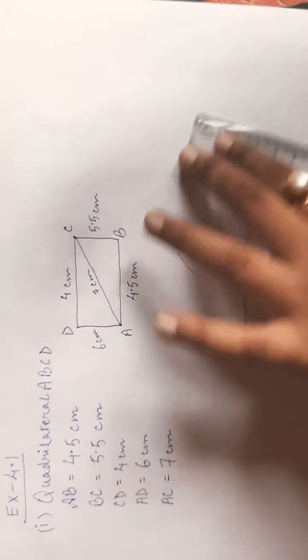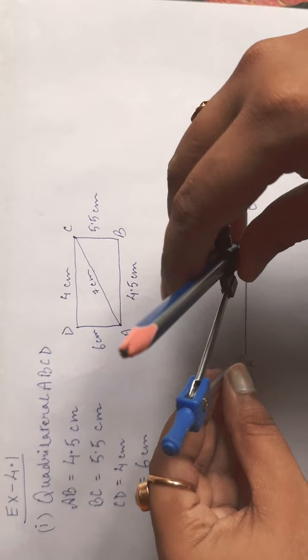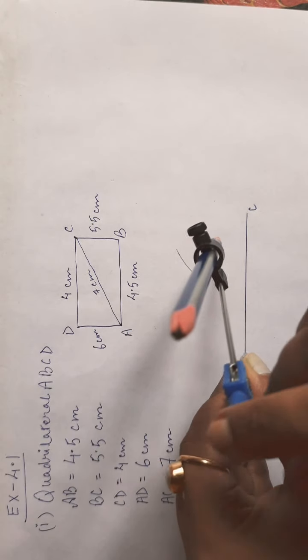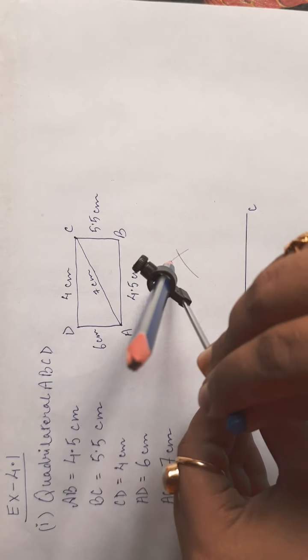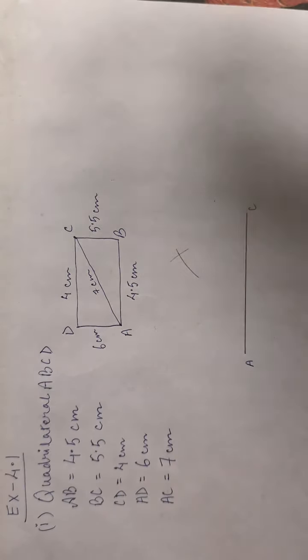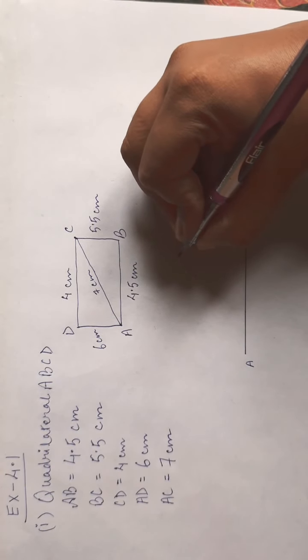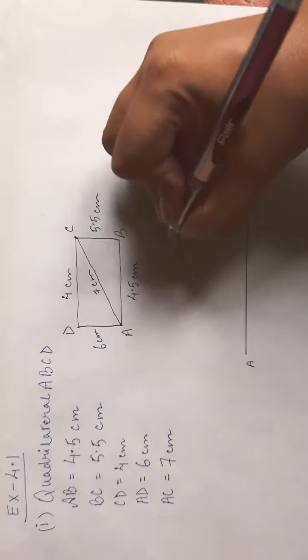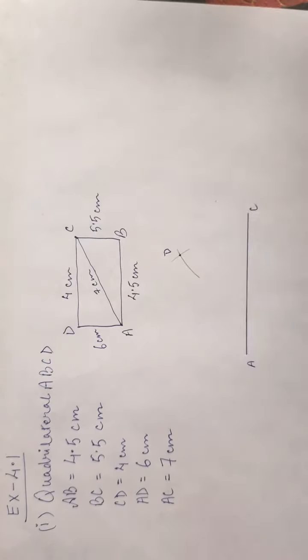Okay, we are done. So now from point A, I will be drawing an arc in this way. Yes, so this point is the point of intersection between the two arcs. I will name it as D.